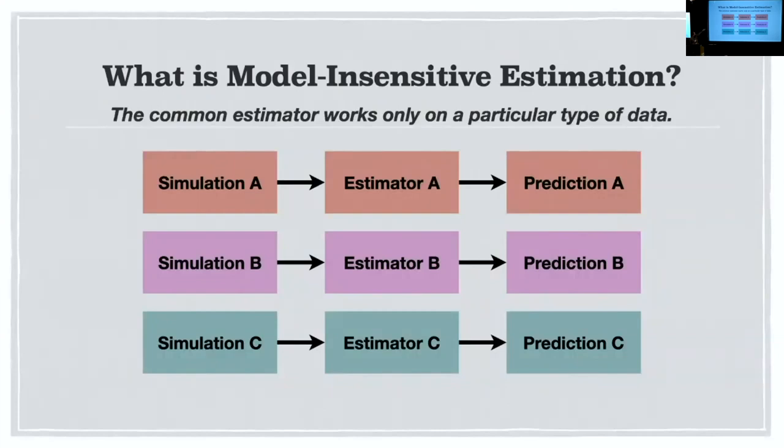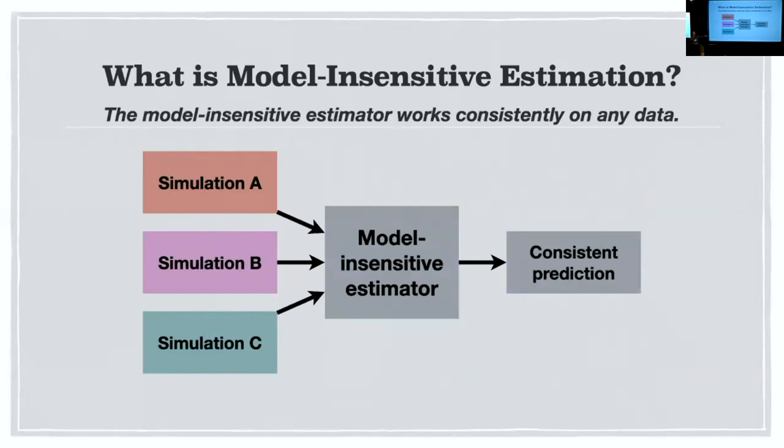Then we have this type of parallel scheme, so the estimators A, B, and C are not compatible with each other. But what I'm trying to do is build a model insensitive estimator that can estimate a parameter regardless of what model I choose.